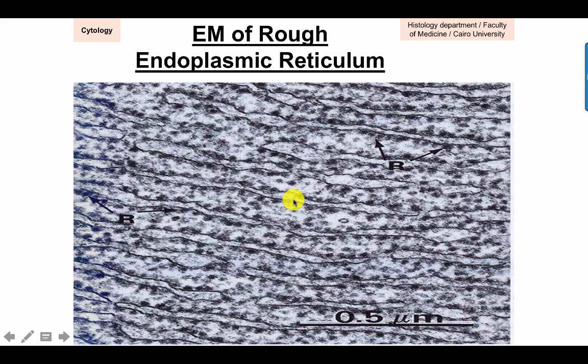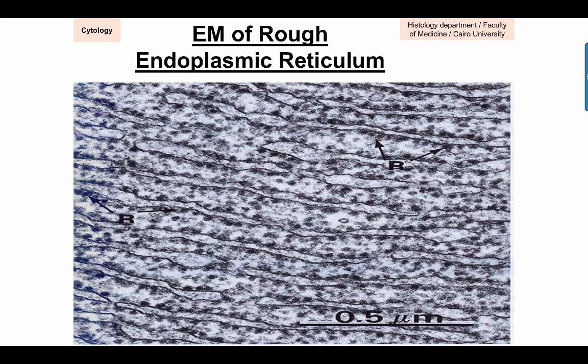So this is the lumen of the cisterna, and these are the surfaces covered here and there by these electron-dense particles, which are the ribosomes, 20 to 30 nanometers in diameter. When we see these parallel flattened cisternae, even if you cannot see the ribosomes, it is the rough endoplasmic reticulum.